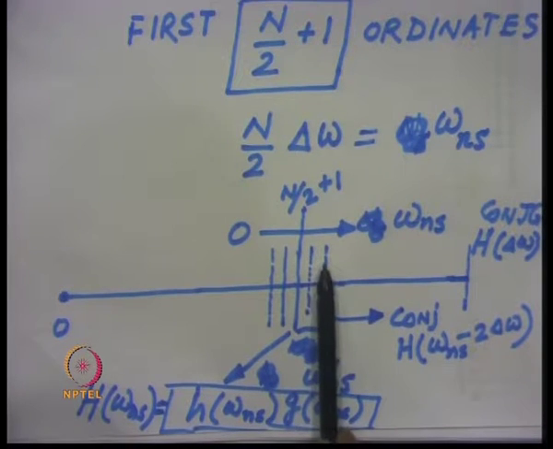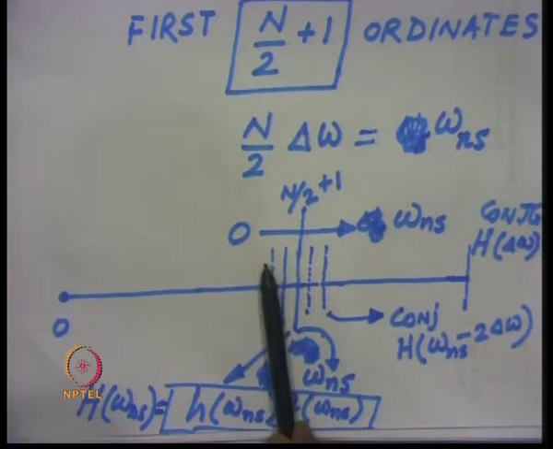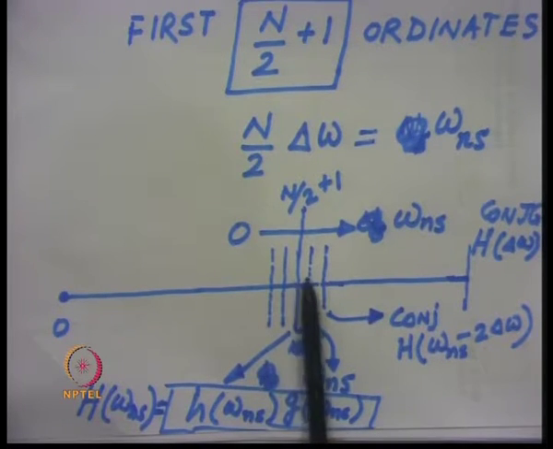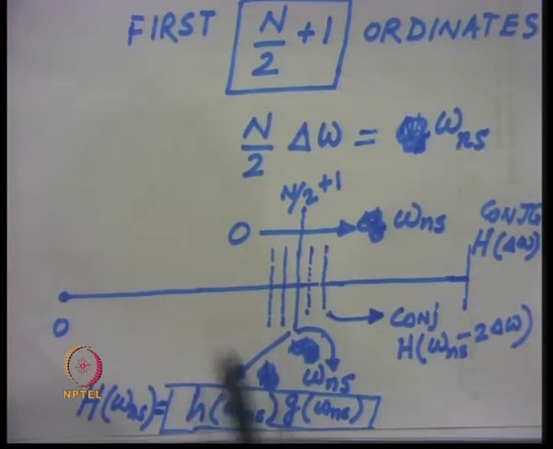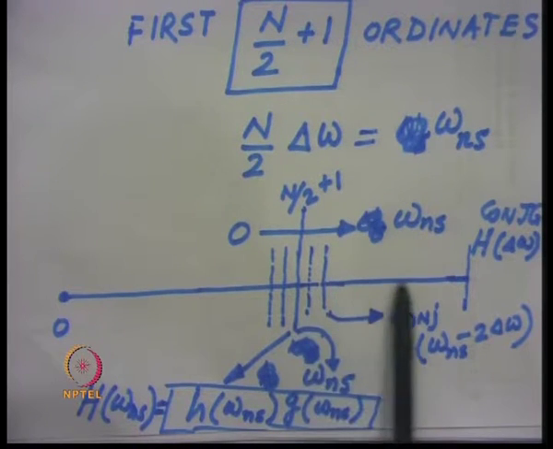Similarly, this ordinate will be the complex conjugate of this. So, these are the additions that have to be provided from the information that you have got, that is the multiplication of these two quantities at different frequencies, and we take their complex conjugates and place them in this particular fashion.